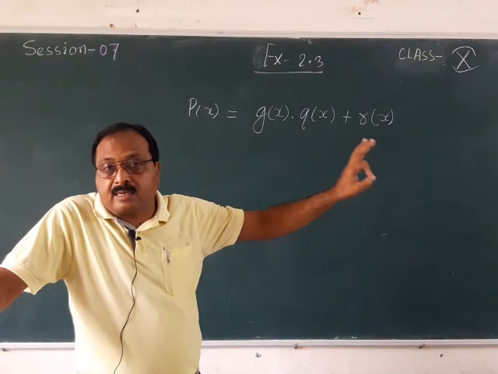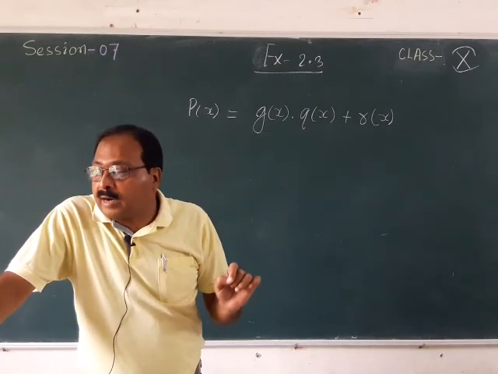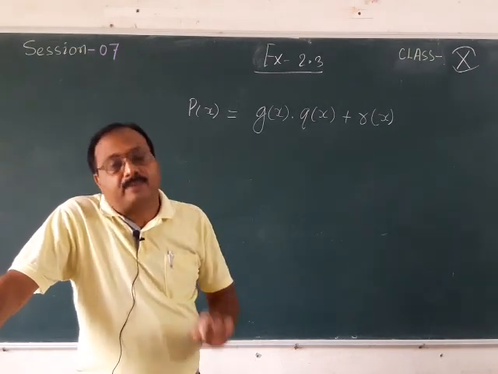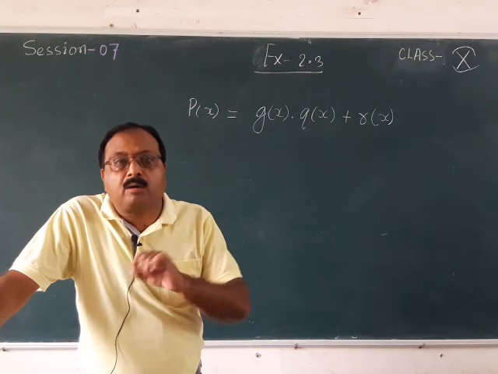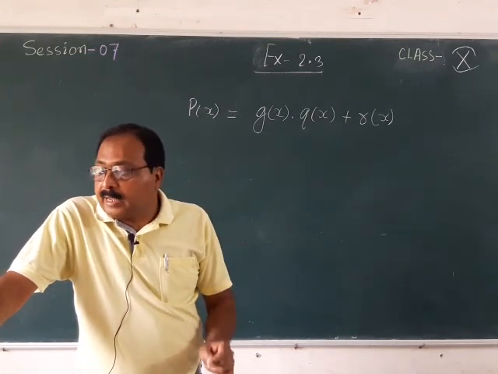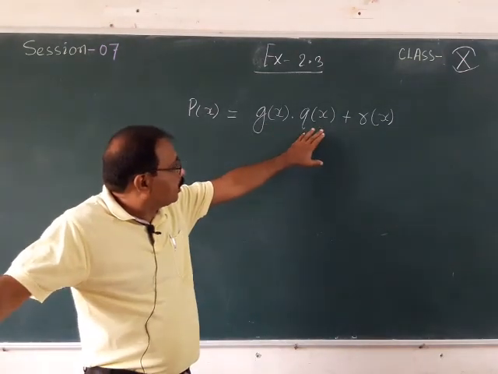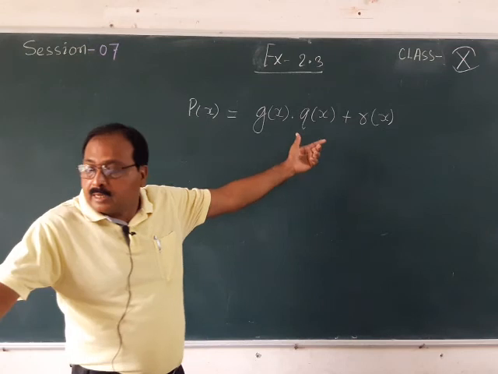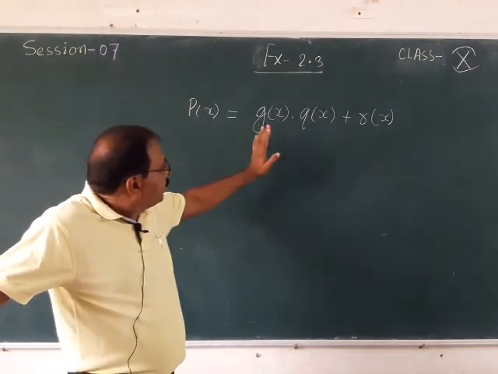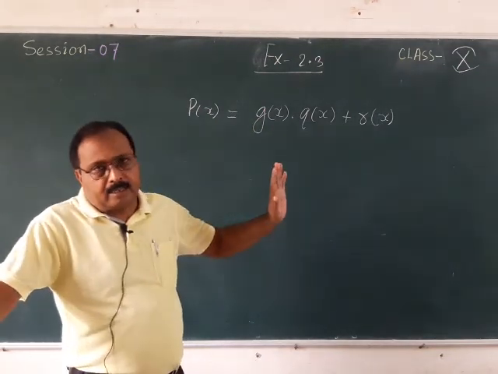then the degree of r(x) is always less than the degree of g(x). And the third important point is that the degree of g(x) plus the degree of q(x) will be equal to the degree of p(x) when g(x) is completely dividing p(x).